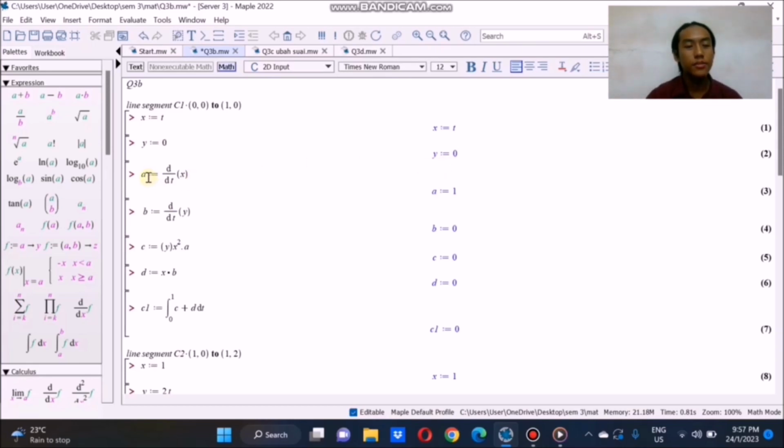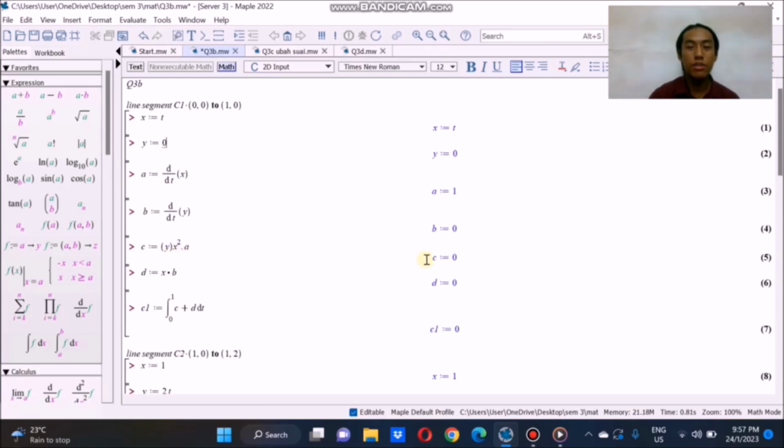Next, a, I differentiate x, b also I differentiate y. So the answer will be, differentiate x, which is t, we get a equal to 1, and b we get 0 because y is 0. So continue, I declare c as y to the power of 2 times a. A just now is 1, but y is 0.